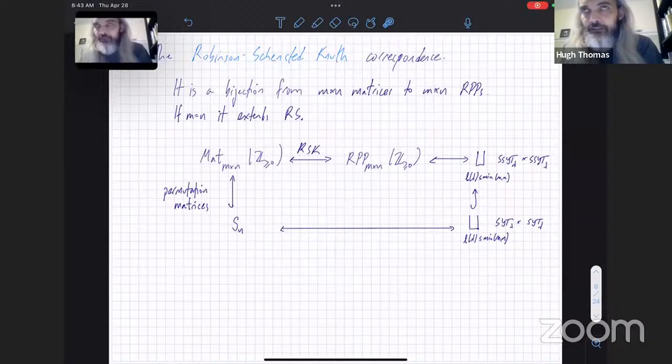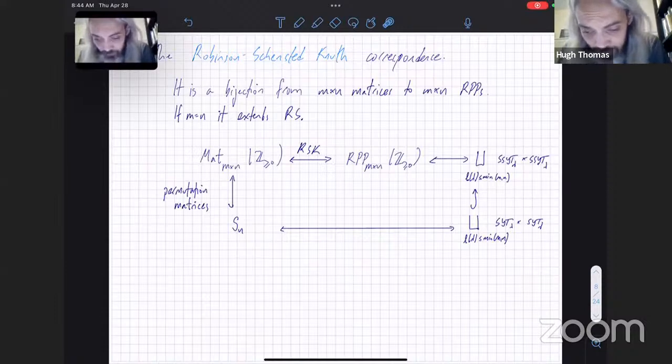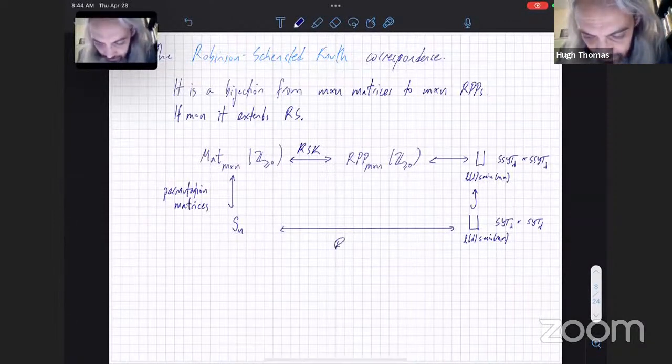You can transform RPPs into standard Young tableaux if you want, but this is the formulation that's more natural. So this, on the face of it, doesn't look so much like Robinson-Schensted, but Robinson-Schensted is down here.